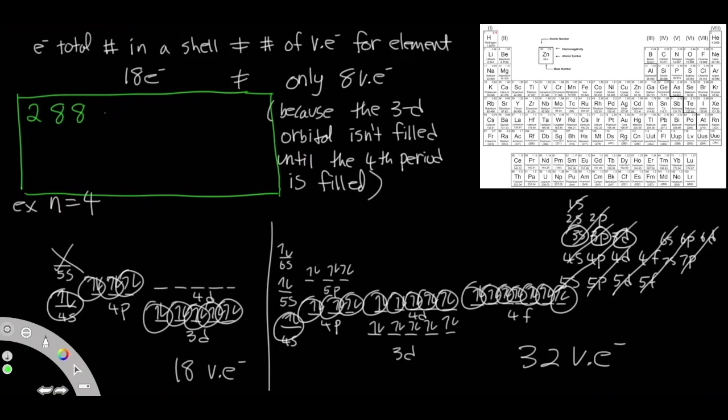These were the valence electron numbers. The 2, 8, 8 doesn't mean the total electron number. It means the valence electron number. In fact, we can actually add the 18 there as well.